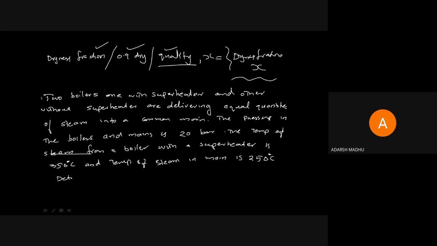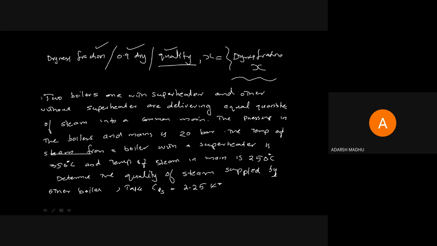Determine the quality of steam supplied by the other boiler, the one without the superheater. Take Cps equal to 2.25 kilojoule per kilogram.